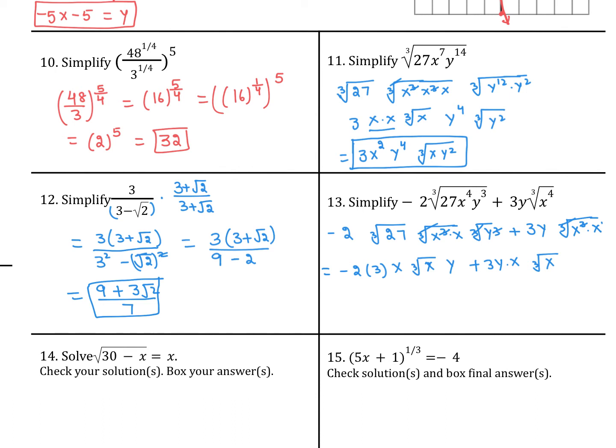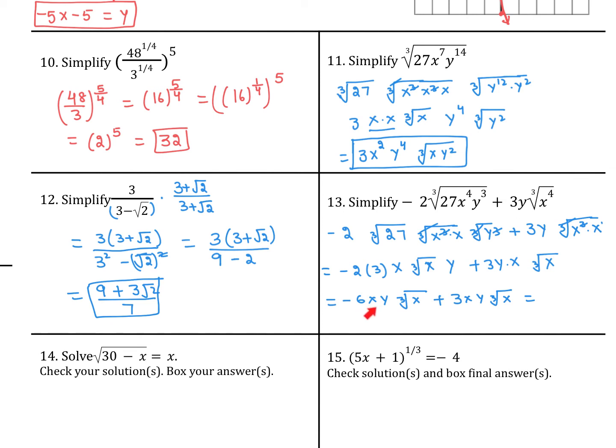We write all the numbers that are without the cube root in the front. So that's going to be negative 6 times x times y, which is negative 6xy cube root of 3, plus 3xy, or yx, same thing, cube root of x.